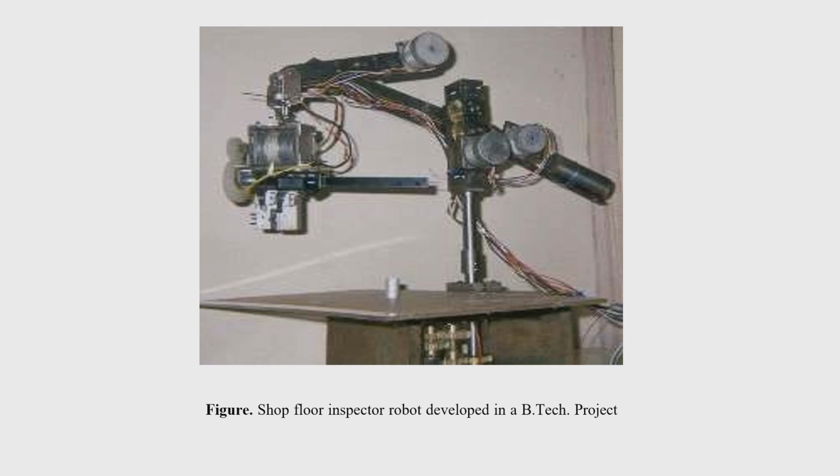In those days it cost about 50,000 rupees; in today's terms it may be not more than 2-3 lakh or maybe 4 lakh rupees. It used to pick up objects and do the measurement and then decide whether the piece would be accepted or rejected. This was also done, and it worked with the help of a microprocessor.